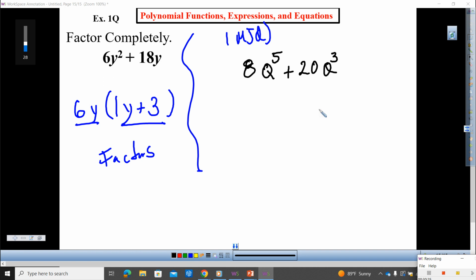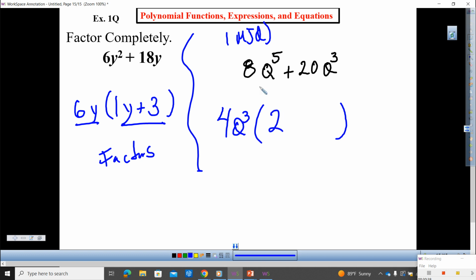All right. Let's see, what's the biggest number that divides 8, that divides 20 as well? I heard 4. Yes, 4. How many q's does each term have at least? 3. So we write q to the third. So, what is 8 divided by 4? 2.